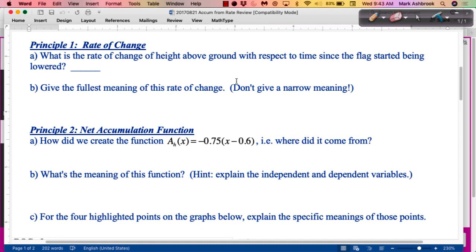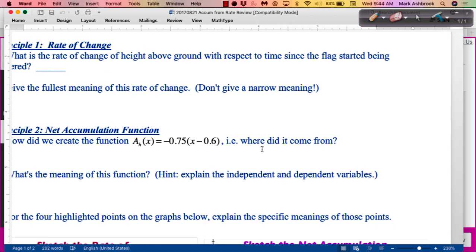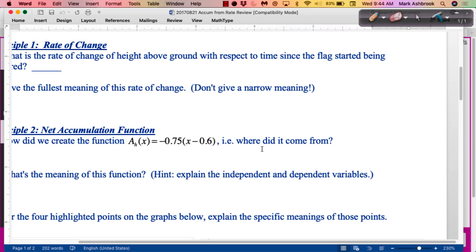Meters is the height, on time. So is the rate of change negative 0.75 the rate of change of height and time? Just height, right? The quantity in question here is height above the ground.